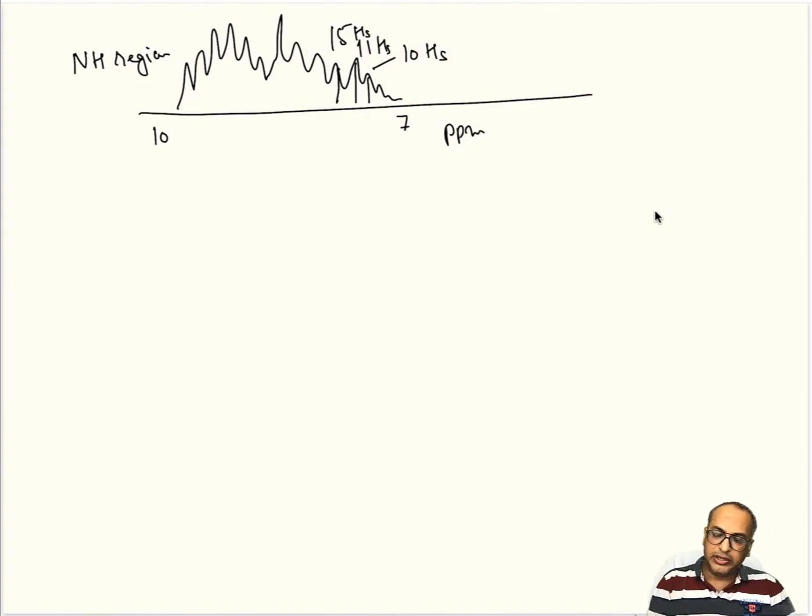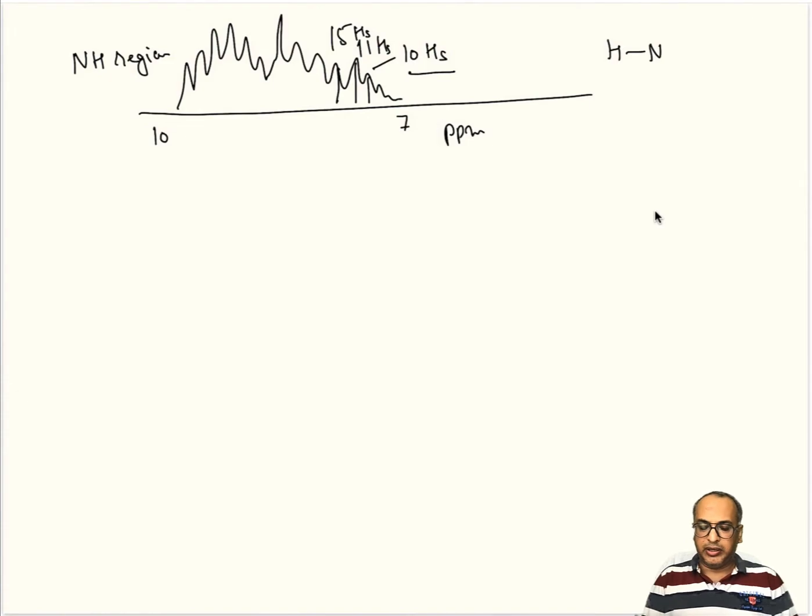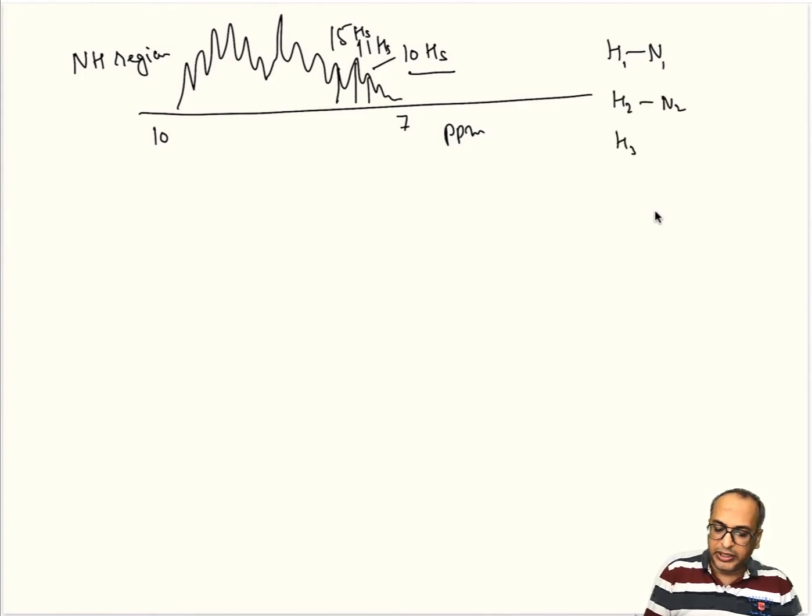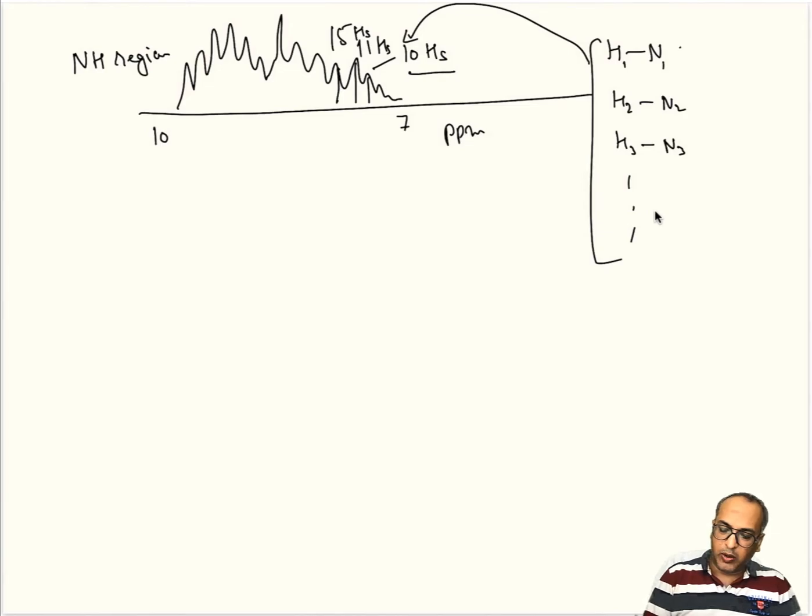Each of these hydrogens is connected to a nitrogen which has its own chemical shift. It is not necessary that all these hydrogens will have the same nitrogen chemical shifts. So if I have H1N1, H2N2, H3N3 and so on, all these hydrogens may appear at the same chemical shift, but all these nitrogens may have different chemical shifts.